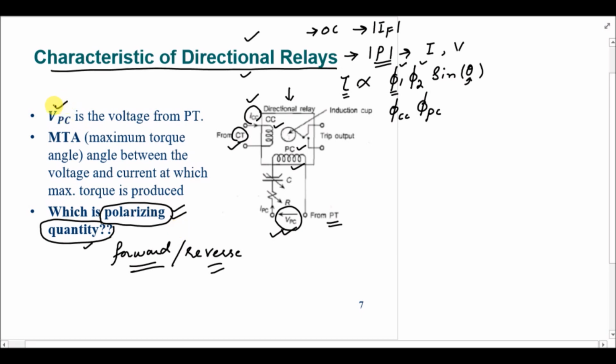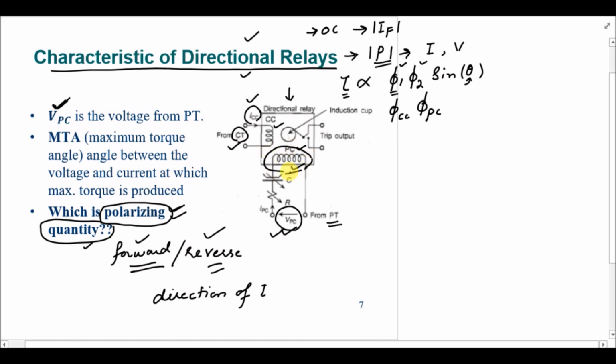The VPC value, the voltage of the potential coil, will remain the same, but in the case of forward and reverse fault the direction of current will change.